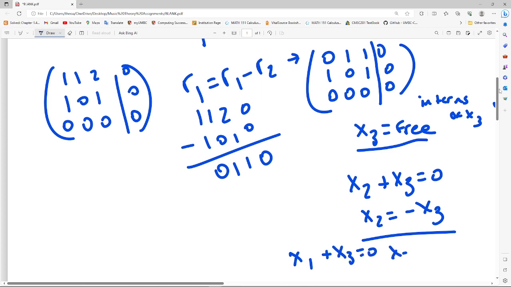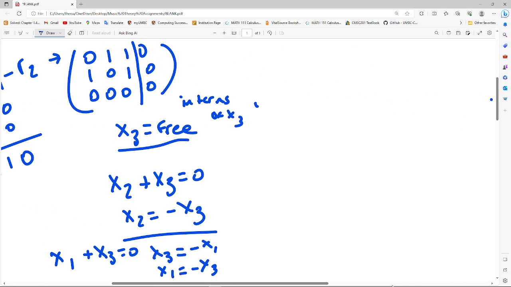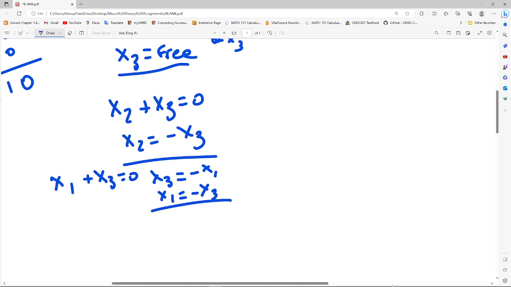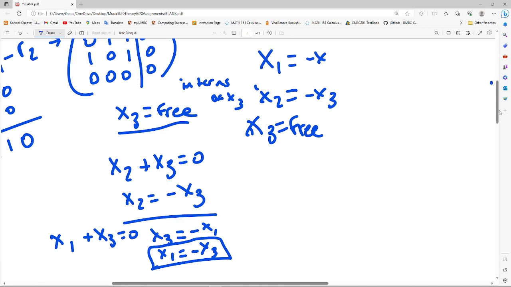And then we get x3 is equal to negative x1, or x1 is equal to negative x3. Once we have that, we have x3 is equal to free. x2 is equal to negative x3. And then x1 is equal to negative x3.